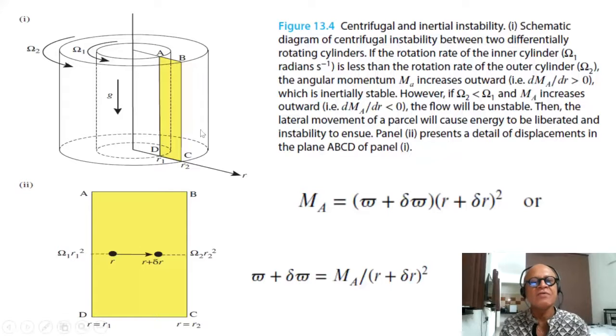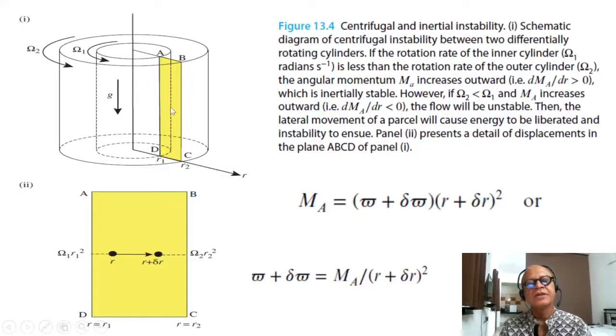Instability, very quickly: when you have two cylinders rotating, let's say with a fluid between, the outer cylinder has angular velocity omega 2, the inner one omega 1, and within the fluid between them, you're going to create a perturbation, move a parcel from R to R plus delta R, so you're going from closer to the inner cylinder to closer to the outer cylinder, and you're going to look for angular momentum conservation.